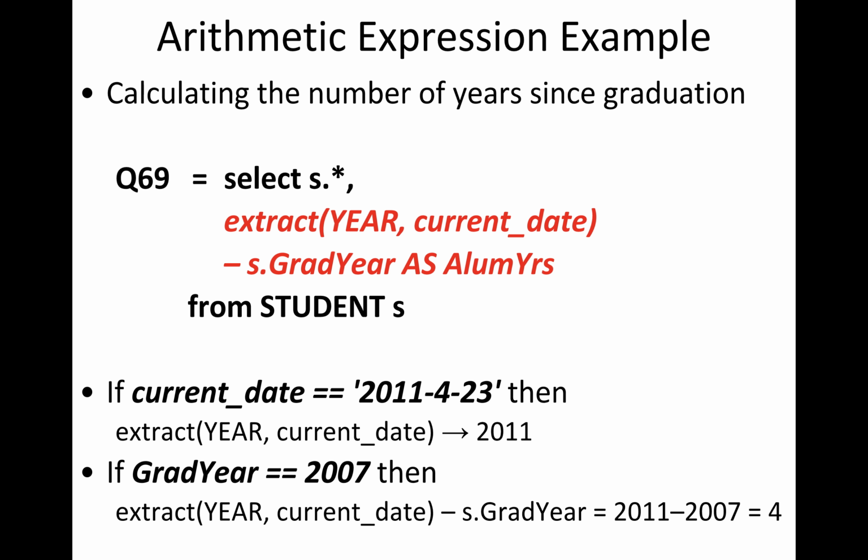How long ago did you graduate? So we can calculate from the graduation year against that student's graduation year, and say, oh, you've been an alum so many years, for particular students. For instance, here we have current date 2011, graduation year 2007. The calculation comes back to: you've been an alum 4 years.